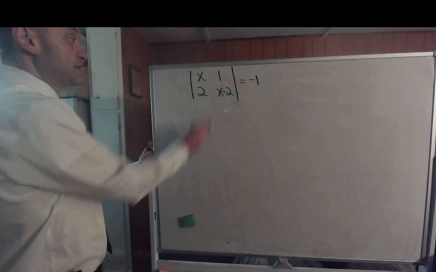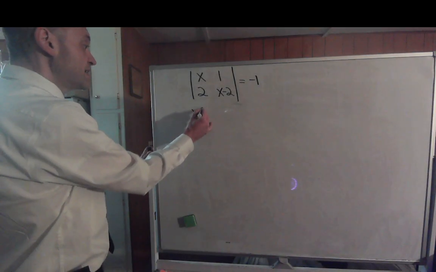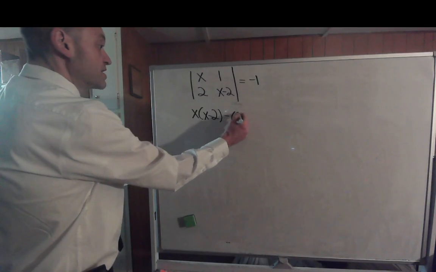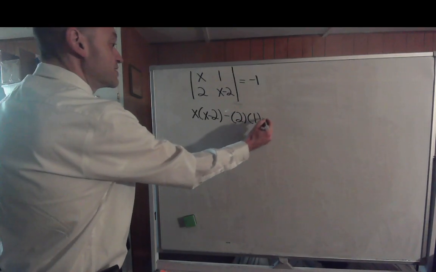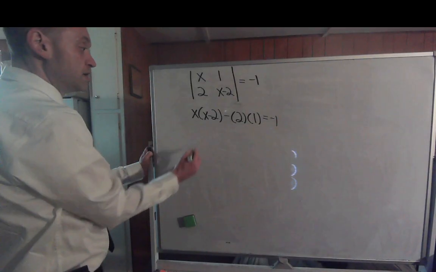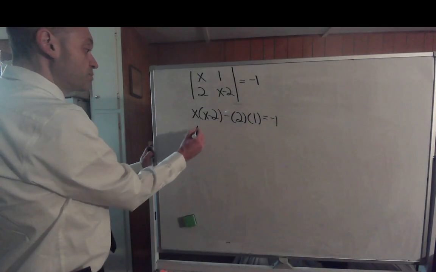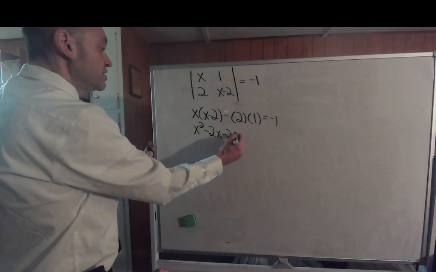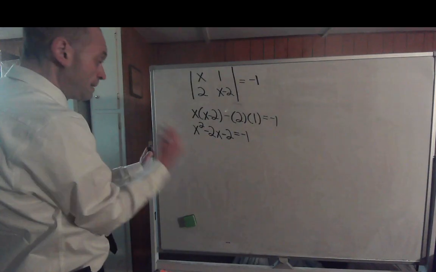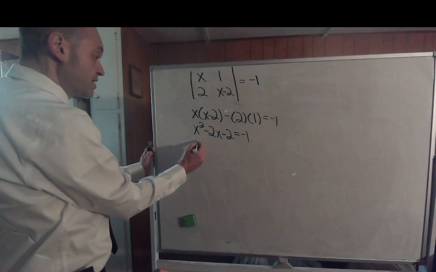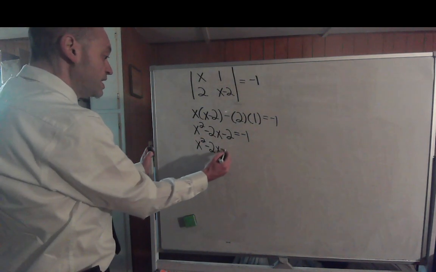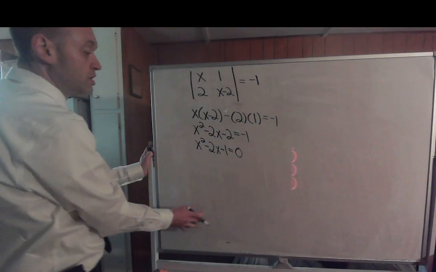For a 2 by 2, we'll end up taking x times x minus 2 minus that 2 times 1, and we'll have to set that equal to negative 1. So we'll end up with x squared minus 2x minus 2 equals negative 1, which should end up giving us x squared minus 2x minus 1 equals 0.